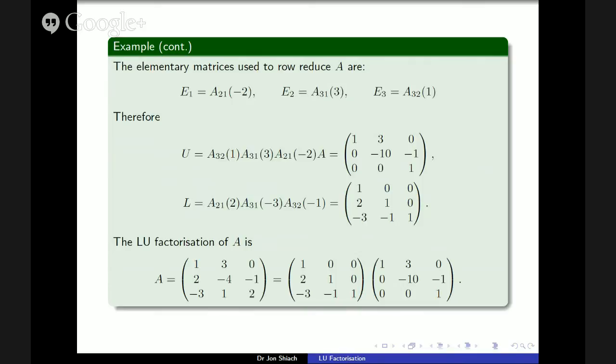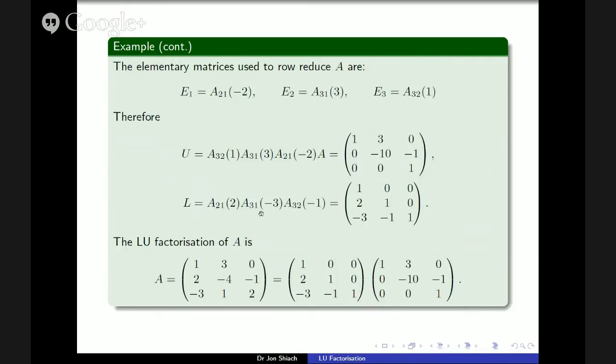With L, what you do is you take E1, invert it, take E2, invert it, and take E3 and invert it. So I'm going to have to multiply 3 by 3 matrices together. Now, the beauty of elementary matrices is that this is going to be an identity matrix with the element in the second row, first column being just 2.